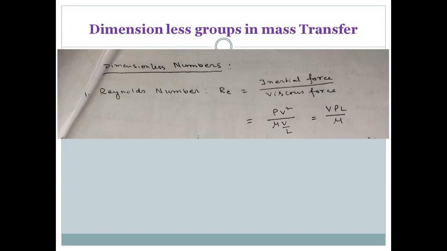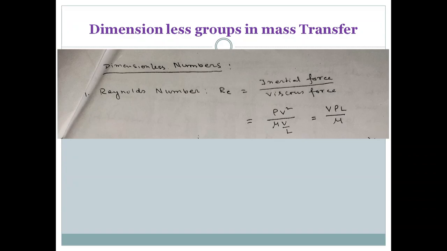If the Reynolds number is up to 2100 it will be laminar, 2100 to 4000 it will be transition, and above 4000 it will be turbulent.